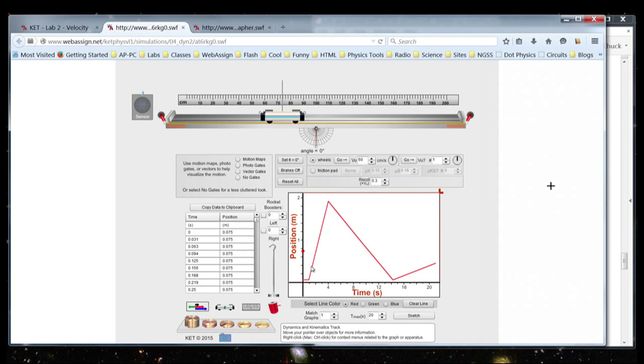Now, what we want to do is see if we can find where velocity is shown in this picture. This is position versus time. Well, remember that velocity is change in position per time. This height here is the change in position between this time here and this time down here. So that is the slope of this. The rise is a change in position over the run, the change in time, which is the velocity.